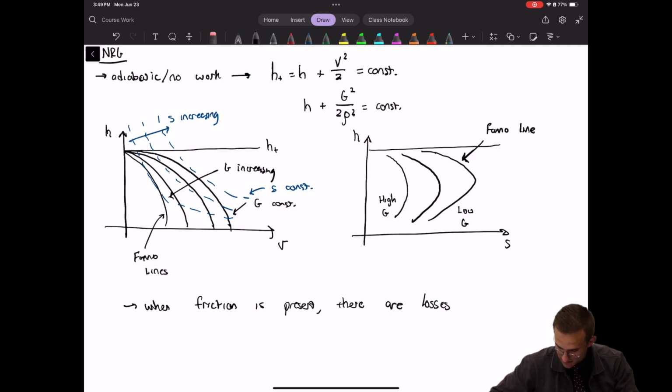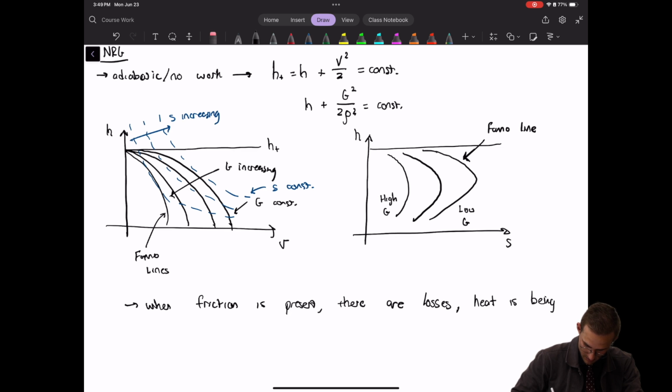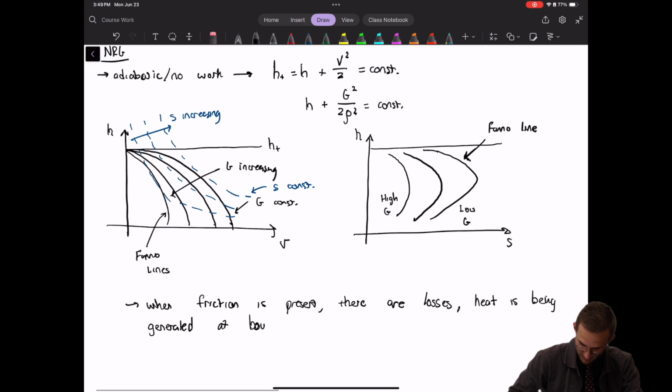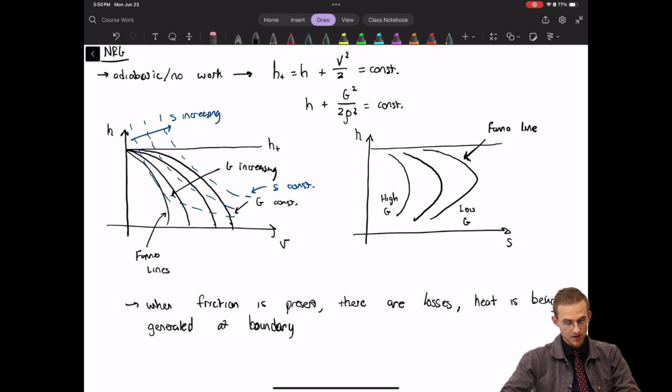So heat is being generated at the boundary, say, by some sort of entropic processes, which is like this fast moving channel wall next to the flow, right? So the fluid density is going to decrease.